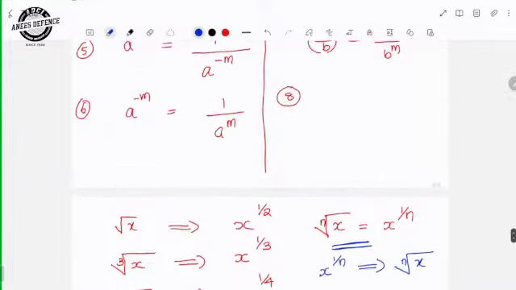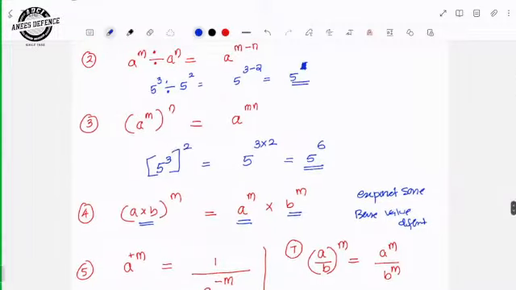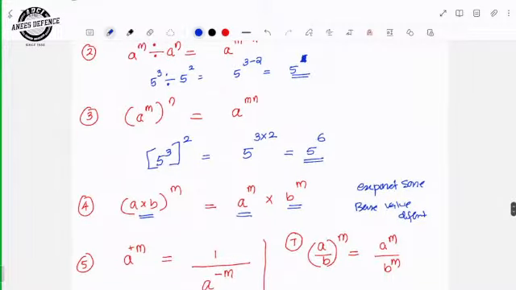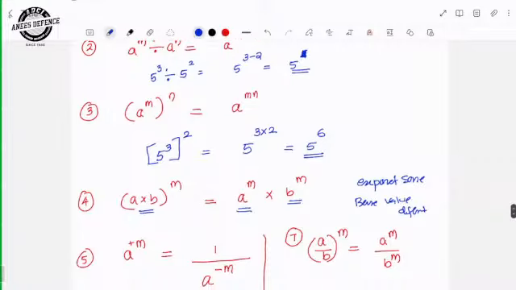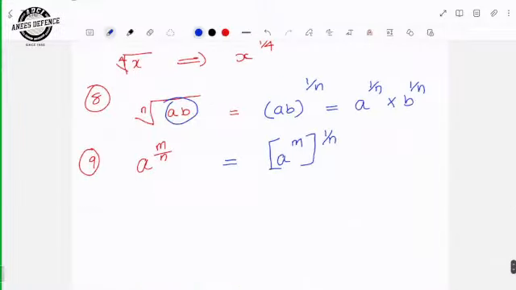By the property of a raised to mn, a raised to m by n means a raised to m into 1 by n. So this can be written as a raised to m, the whole raised to 1 by n.